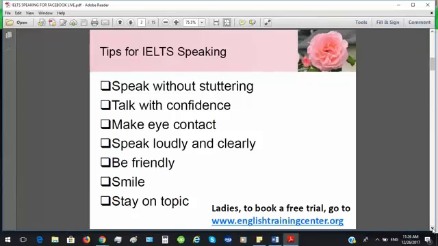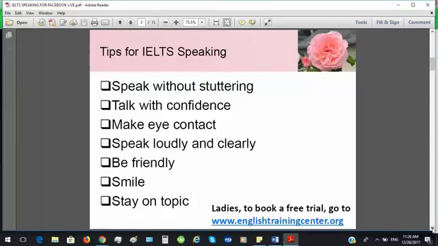Also, you want to talk with confidence. Tell yourself you are going to pass the IELTS exam. You are not only going to pass, you are going to ace the IELTS speaking exam. So feel confident. Make eye contact with the examiner. Smile. Be friendly. Make sure that you speak loudly and clearly.